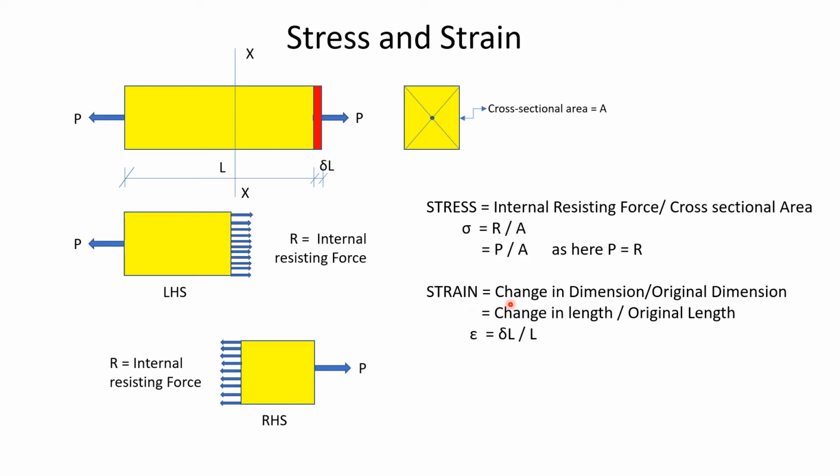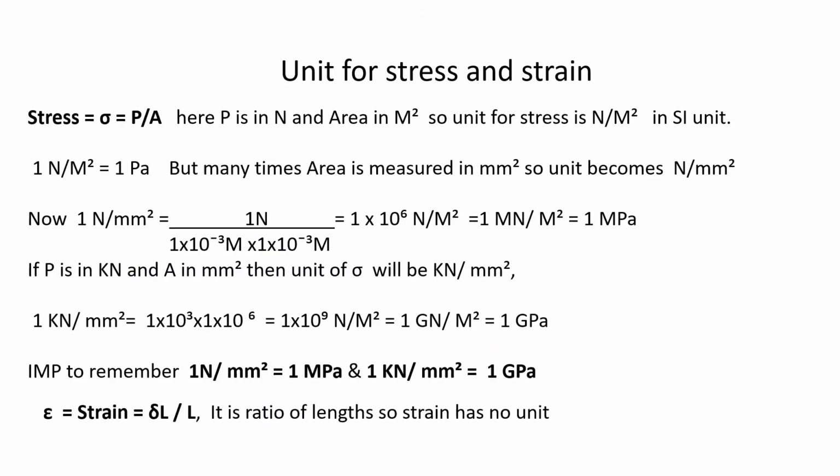The definition of strain is change in dimension to the original dimension. In this case, it is change in length per original length. So strain is equal to delta L upon L, and this epsilon is the symbol for the strain.